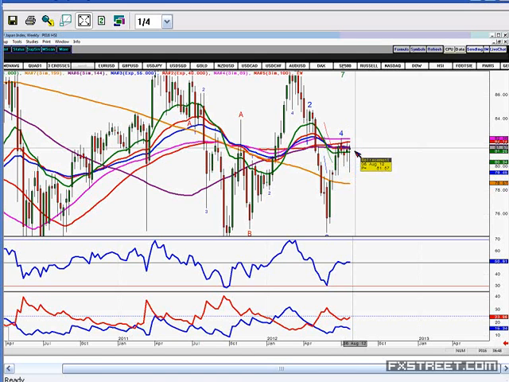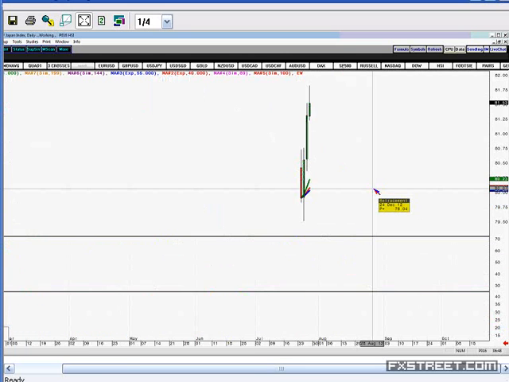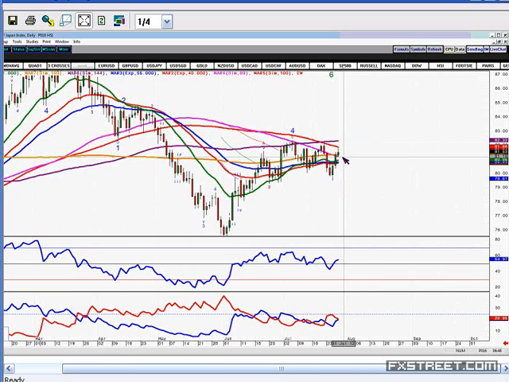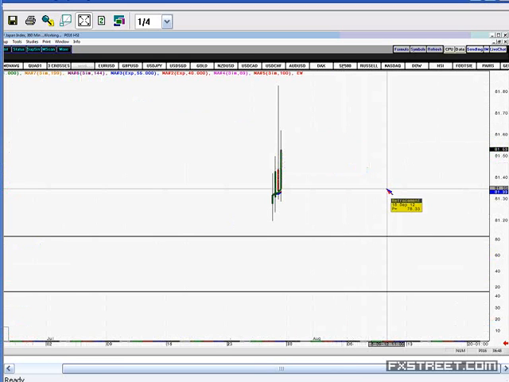Now it's trying to close above the open, and the closing price is very important. On the daily, it is also in the congestion zone, meaning there are a lot of moving averages in a big range. The bulls may struggle to clear that, but once they clear that barrier, we should be able to see a smooth flow.